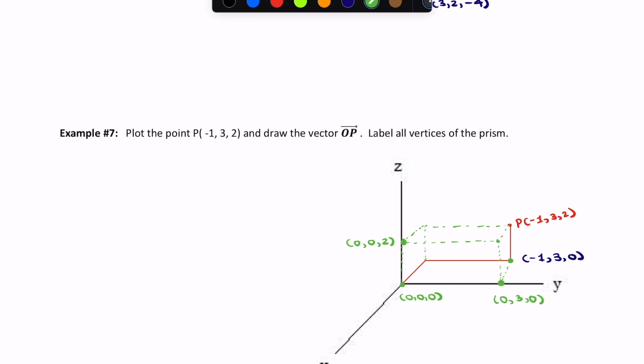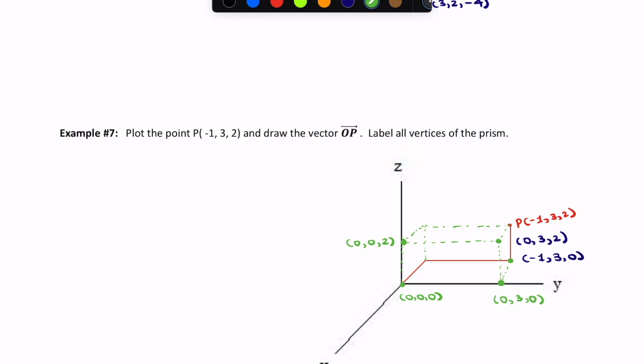This next vertex doesn't move on the x, moves 3 units on y and moves 2 units on the z. So this would be 0, 3, and 2.